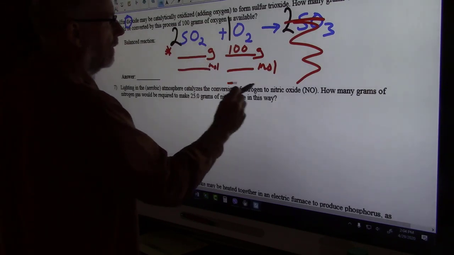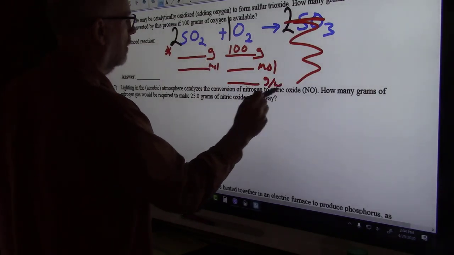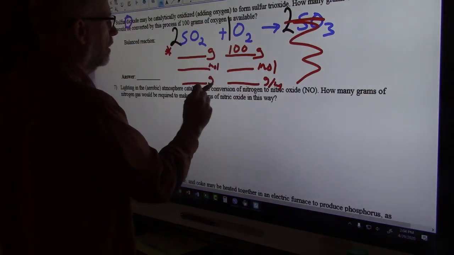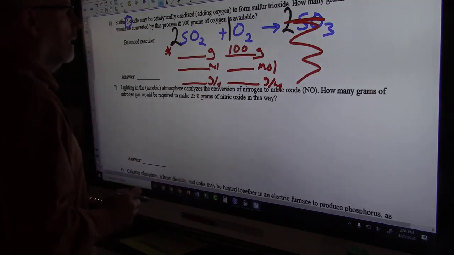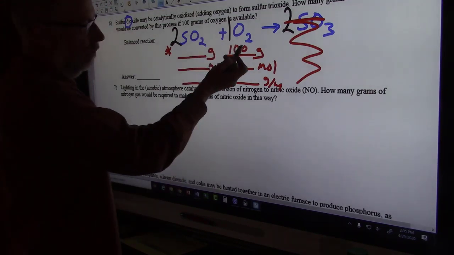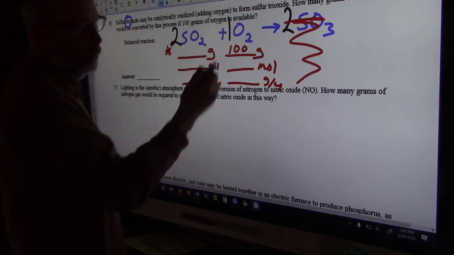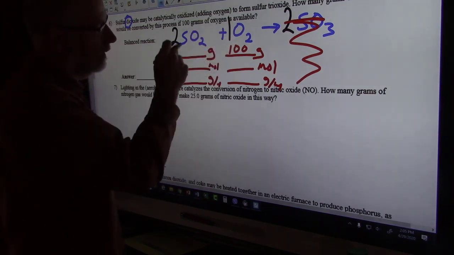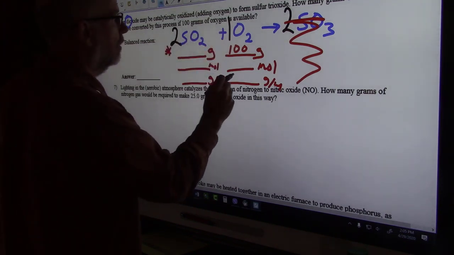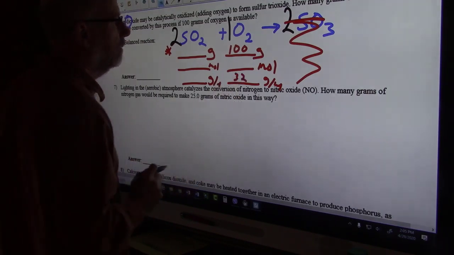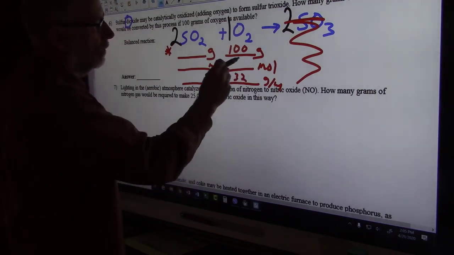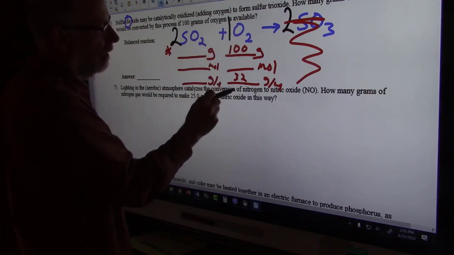Should be in good shape. I'll need the grams per mole. Oxygen, O2, right? There's a 1 in front of it, which I wouldn't use anyway. So it's 16 plus 16 is 32 grams per mole. Moles equals grams, 100 divided by 32.